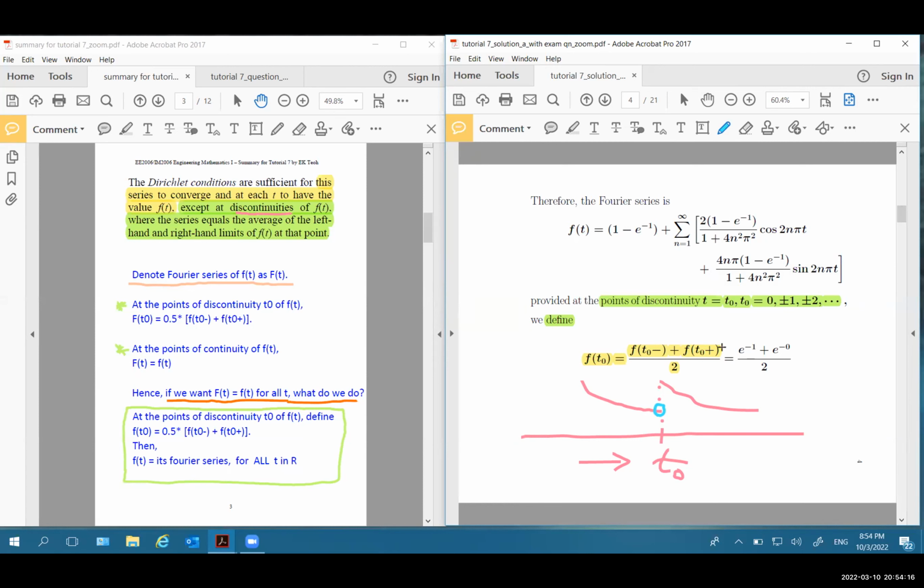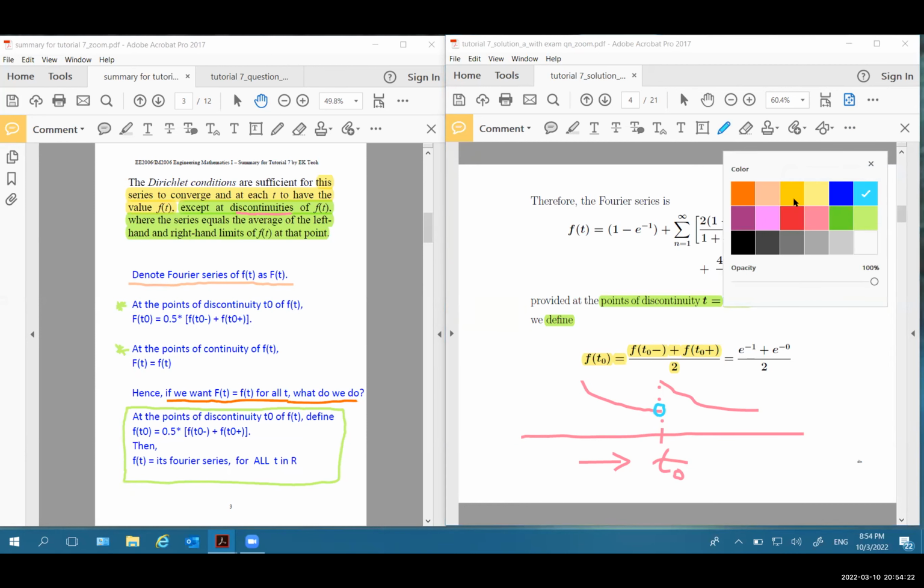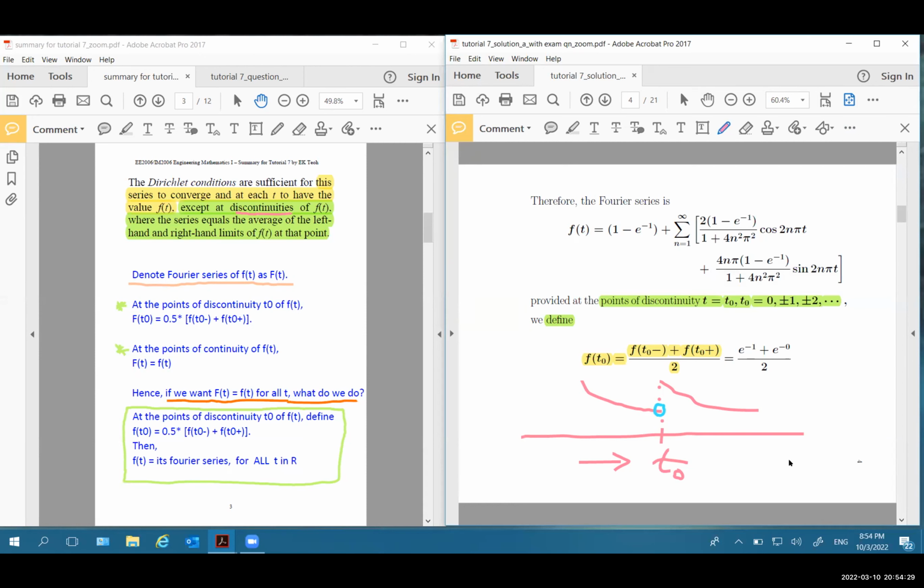Then how about f(t0 plus)? Now f(t0 plus) is the other way. It means you approach t0 from the plus side. Plus side means more than t0, so you are approaching t0 from the right side. This is your function, so you approach t0 from this side, very, very close to t0 but still a little bit more than t0.